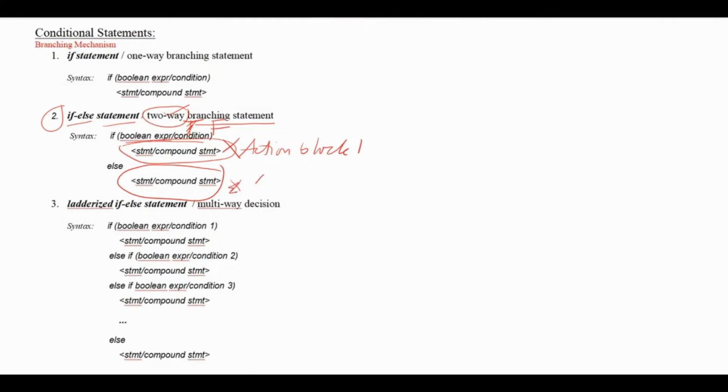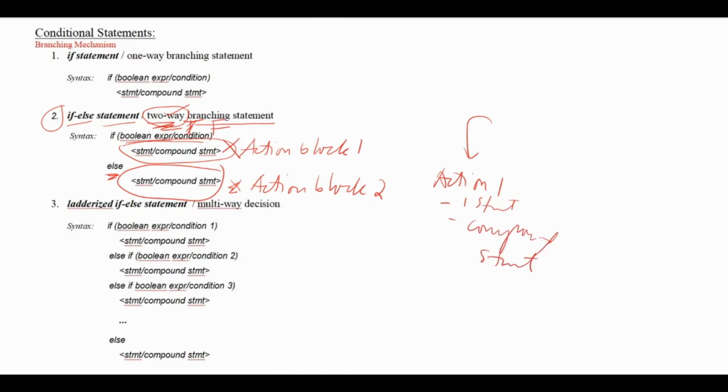The else block, which we call action block 2, is executed. That is why it is called two-way, because the program will do action 1, which could be a single statement or a compound statement, if the condition is true. And if it is false, it will do another action block 2.